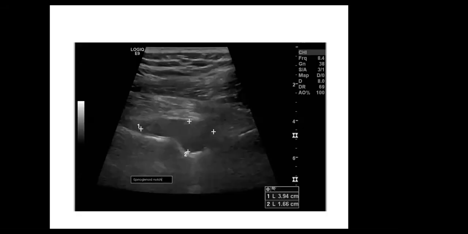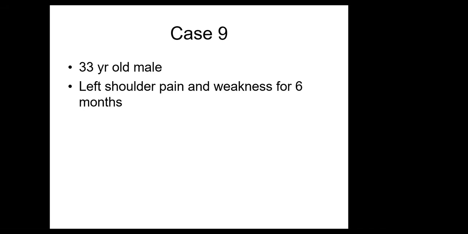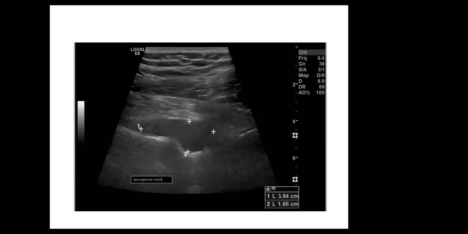So you have a 33 year old male with left shoulder pain and weakness for 6 months. We are presented with the ultrasound scan of the shoulder.